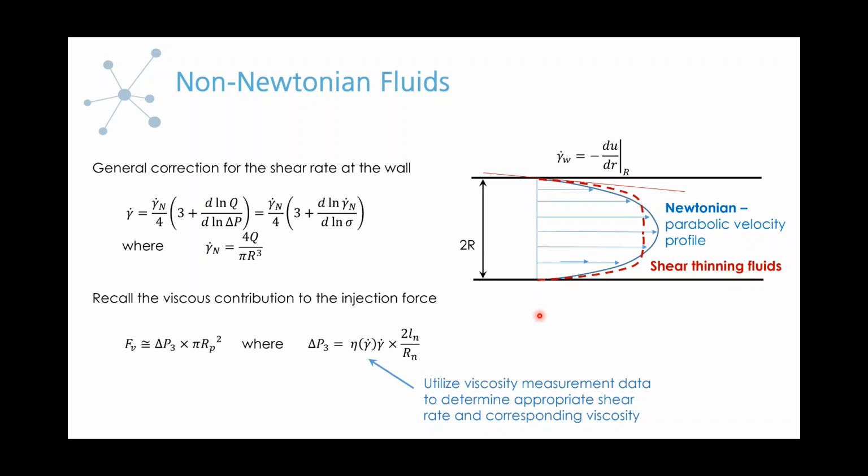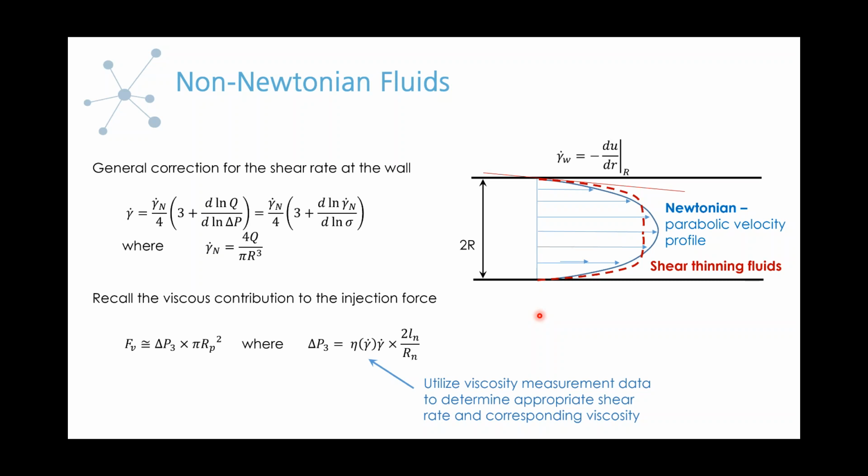We have this because in the Newtonian case, the viscosity is going to be the same across the radius of the cylinder. But as you move from the center of the cylinder to the edge of the cylinder, you have a change in shear rate. If your material is non-Newtonian, then the viscosity response will be different as a function of radial position. And so this tends to change the velocity profile and the shear rate at the wall, which is what's relevant for all of our calculations.